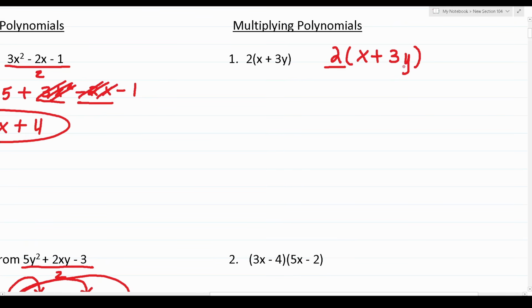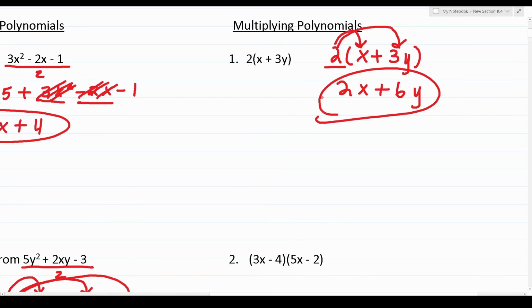Well, this x plus 3y is the terms in our second polynomial. So according to the distributive property, we're going to do 2 times x as well as 2 times 3y. 2 times x is 2x, and 2 times 3y is simply 6y.